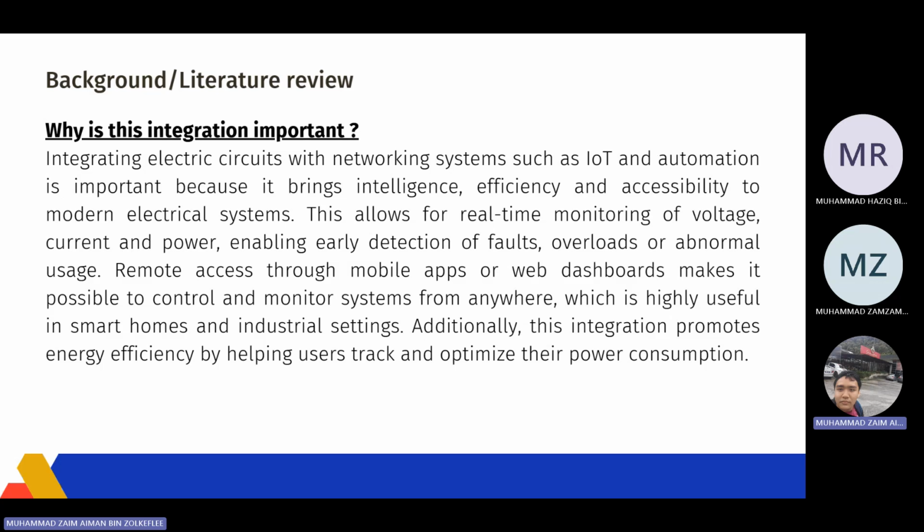Remote access through mobile apps or web dashboards makes it possible to control and monitor the system from anywhere, which is highly useful in smart home and industrial settings. Additionally, this integration promotes energy efficiency by helping users track and optimize their power consumption.